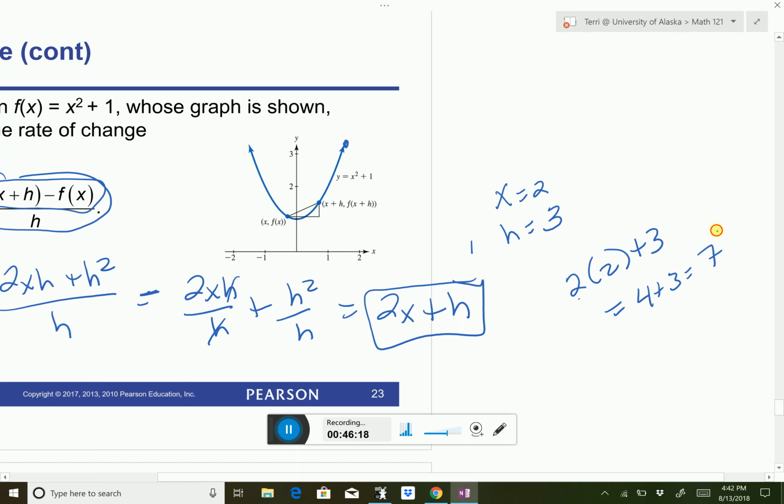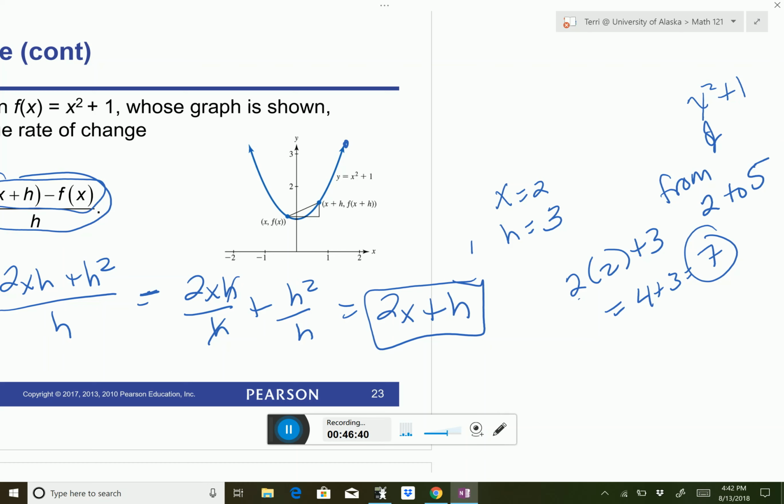And I would know that the average rate of change from 2 to 5 of x squared plus 1 is 7. That's the average rate of change. Pretty neat. And that's all I really need. It's nice to have that situation happen.